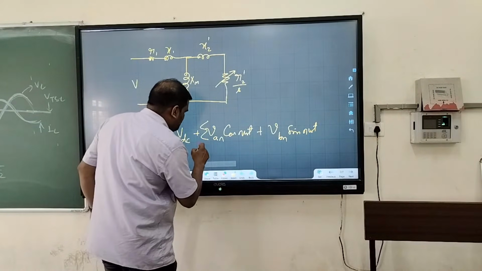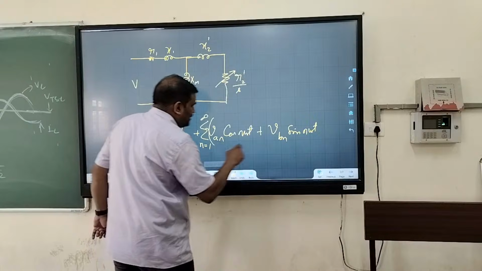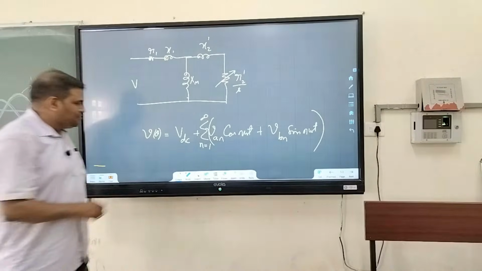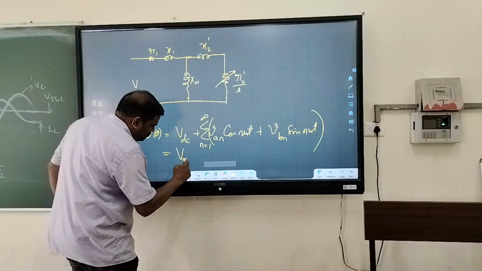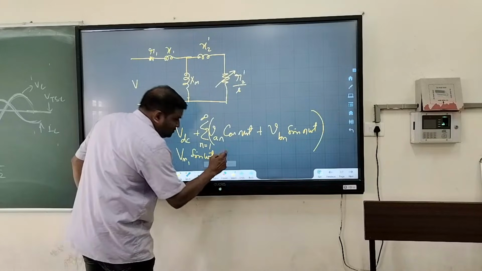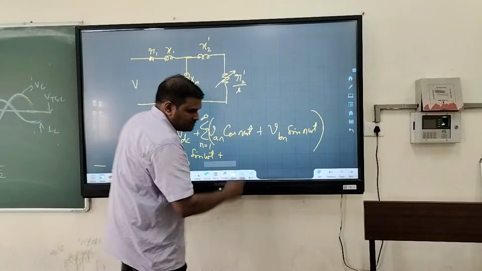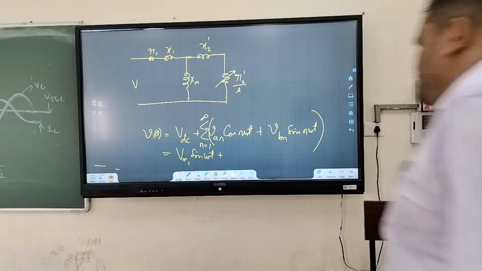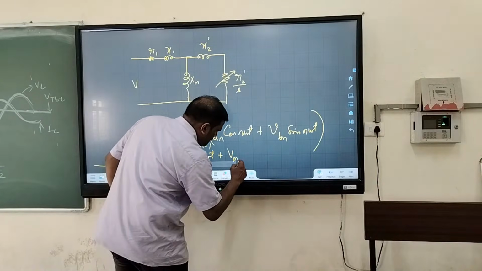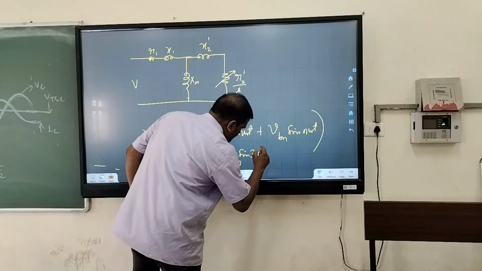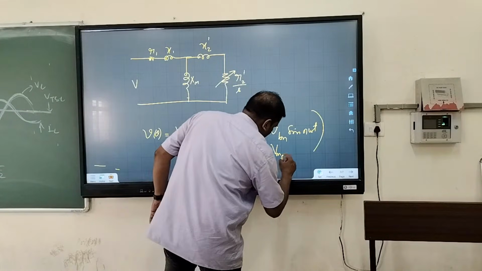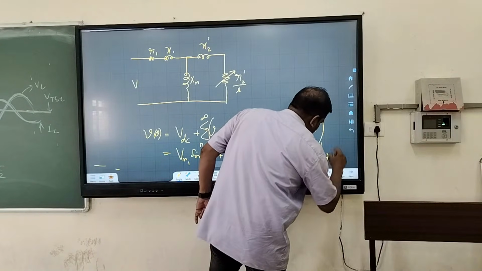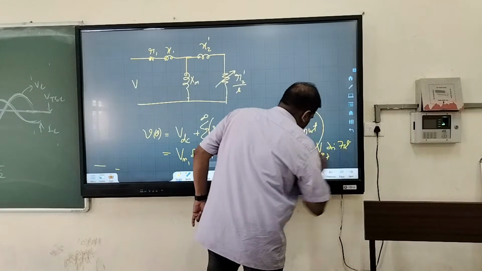For a square wave, you will get Vm1 sin omega t plus Vm3 sin 3 omega t plus Vm5 sin 5 omega t plus Vm7 sin 7 omega t, and so on.